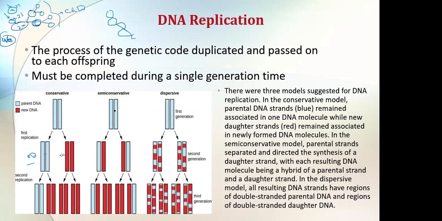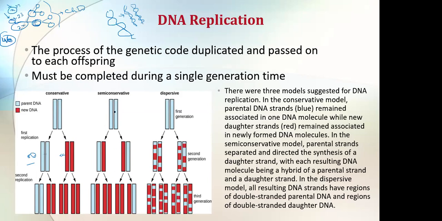Semi-conservative says that DNA cannot replicate when both the strands are together. Before replication, these two strands need to be separated from each other, and then each strand makes its complementary copy. That's how we get two DNA copies from one. You can see that both the strands first got separated, and then they made complementary strands.